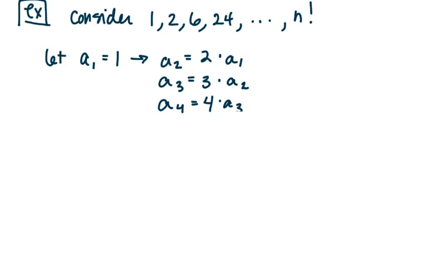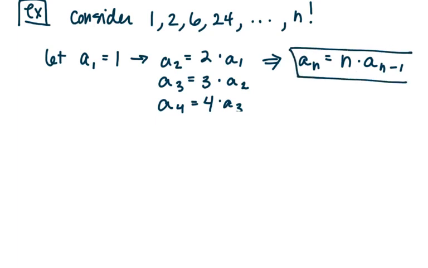So if we want to create our method for finding our recursive term, that would be n, whatever term you're dealing with, times the previous term, because it's the factorial of all of the other terms preceding it. So a sub 10 would be 10 times a sub 9. And we'd have to continue making this list and figure out what a sub 9 is.